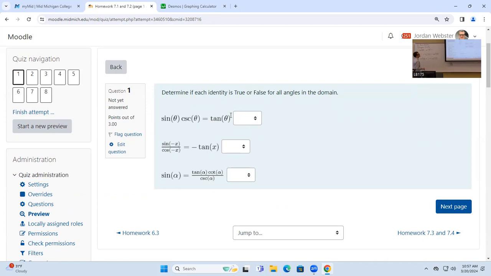So first off, you can see this says, question 1, determine if the identity is true or false for all angles in the domain. That's the type we were doing earlier, right? We have an equation, we just simplify and manipulate. You assume it's true, and then you just keep going down until you can see it's for sure true in the domain, or for sure false in the domain.